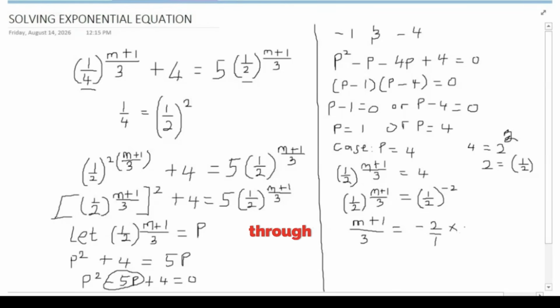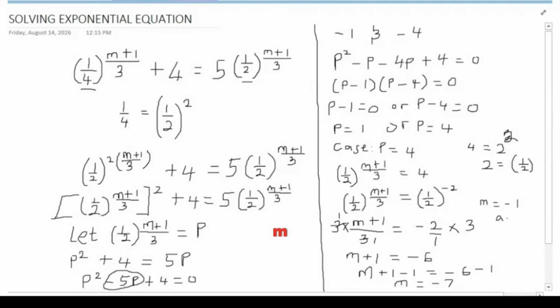So if we multiply through by 3, we are going to have M plus 1 equals to minus 2 times 3. That will give us minus 6. At the end of the day, our M is equal to minus 7. So the two values of M are minus 1 and minus 7.